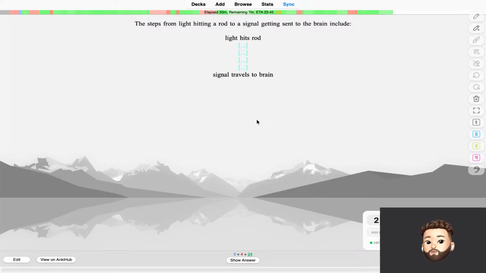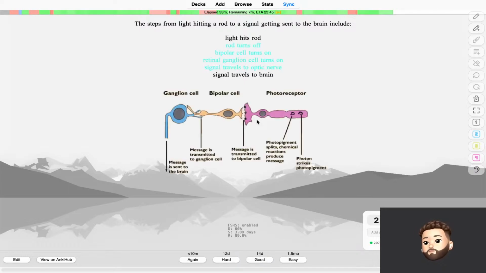Then the rod is gonna turn off. Then that's gonna activate the bipolar cell, then the retinal ganglion cell. Then it's gonna send that to the optic nerve, and the optic nerve is going to send the signal to the brain.